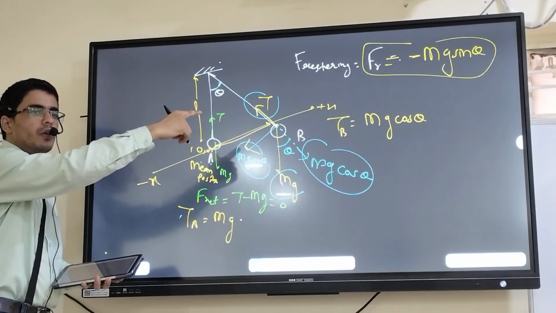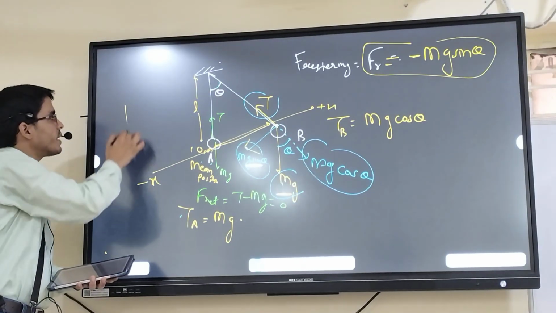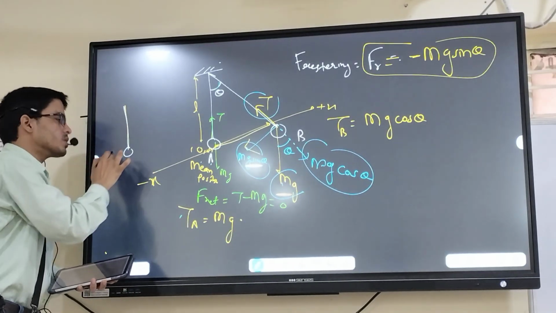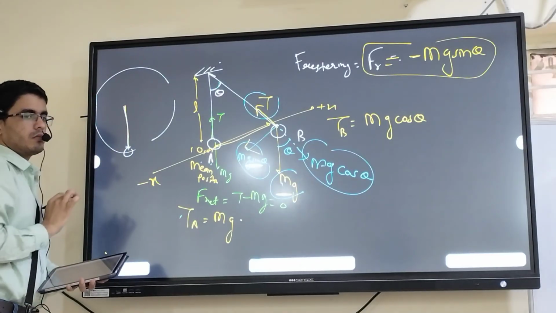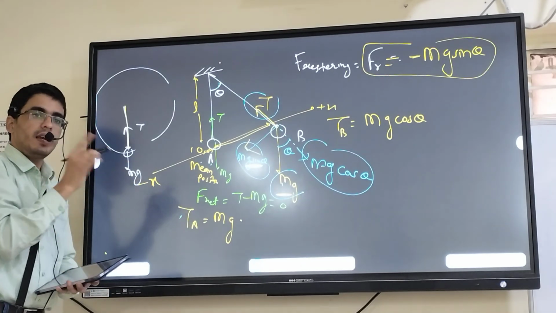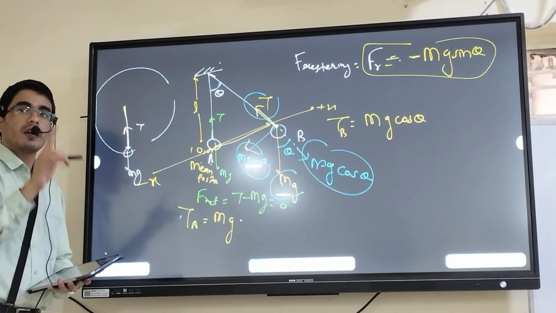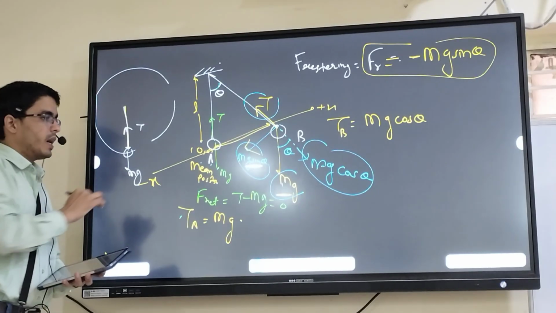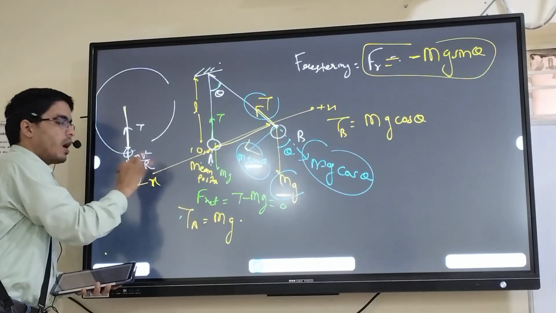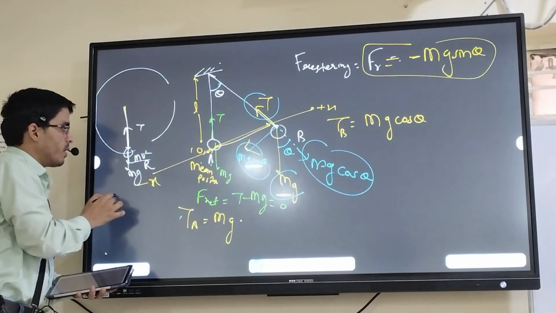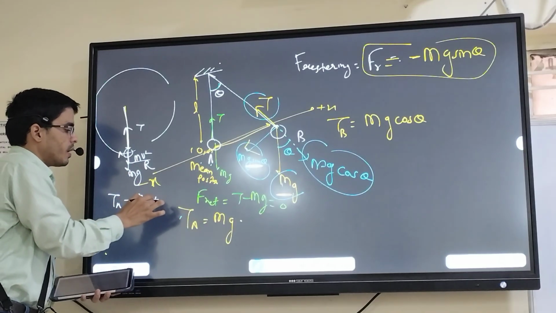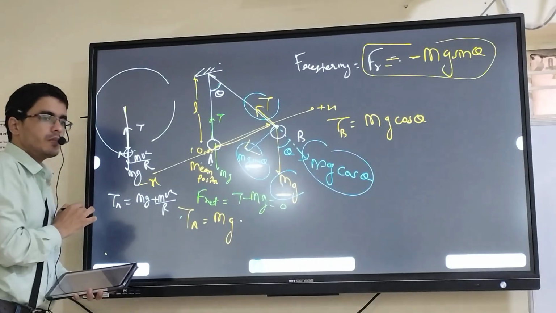You know one thing: suppose here is one string and one object revolving around a circle. Here the tension T acts upward, mg downward, and the particle is moving, so there is a centripetal force, m v square by r. So tension at point A equals mg plus m v square by r.